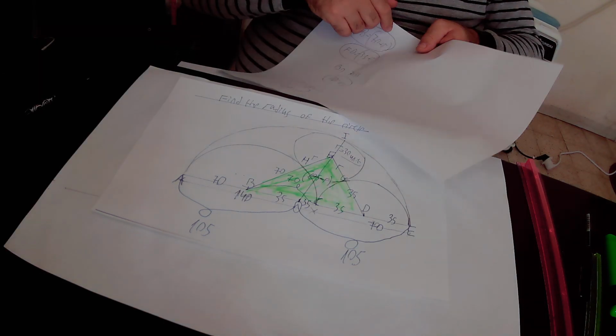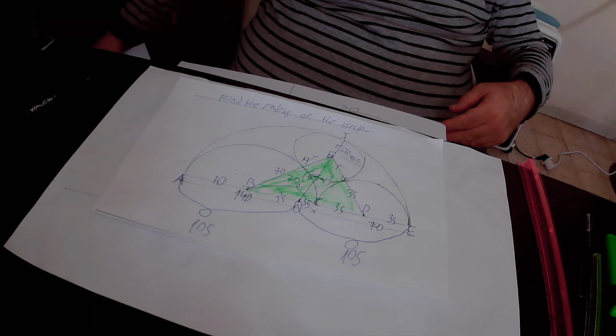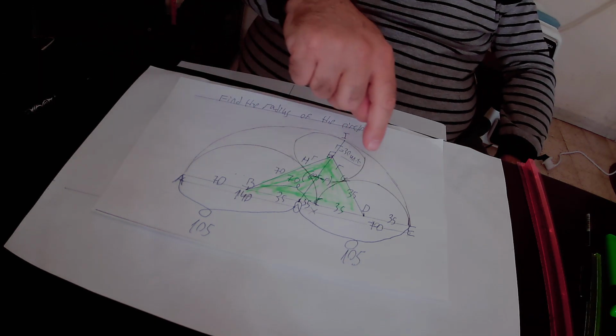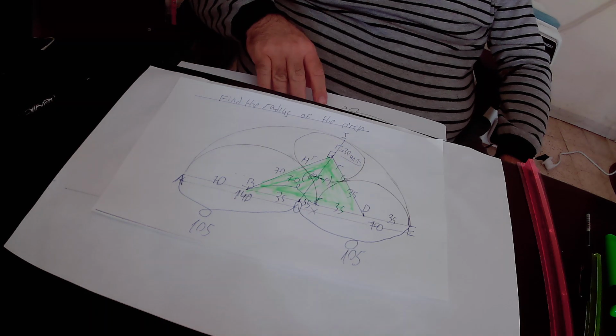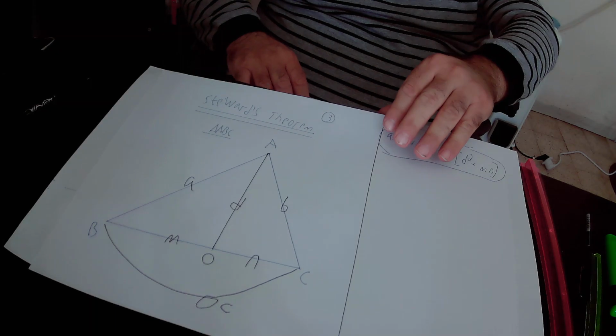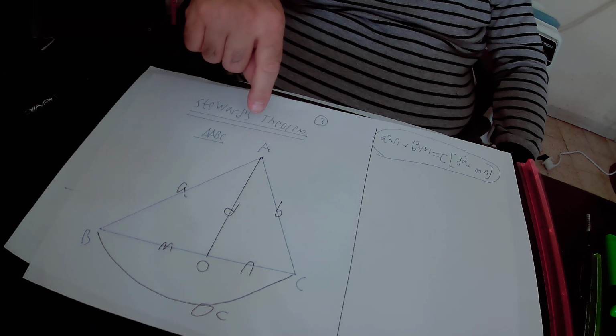Okay, so in the next step, I presented to you a new rule, and implemented the new rule in the great triangle BFD. The new rule is called Stewart's Theorem. Stewart's Theorem is true in any triangle, so this triangle ABC could be any triangle.